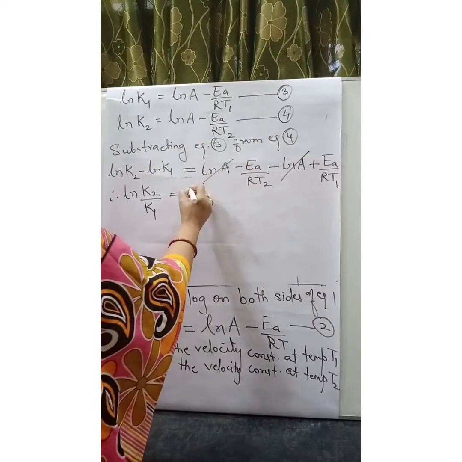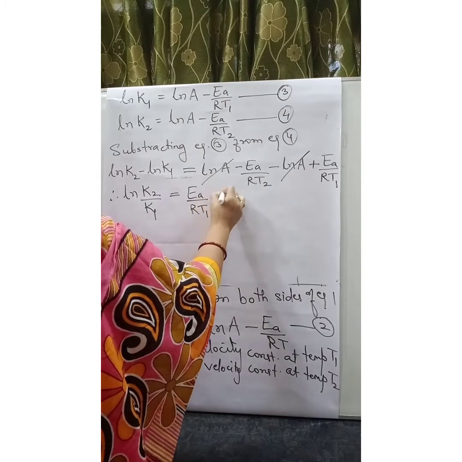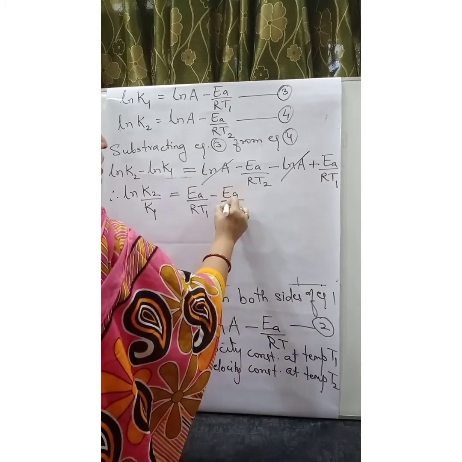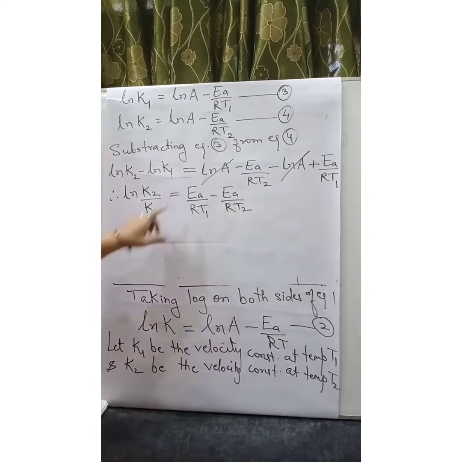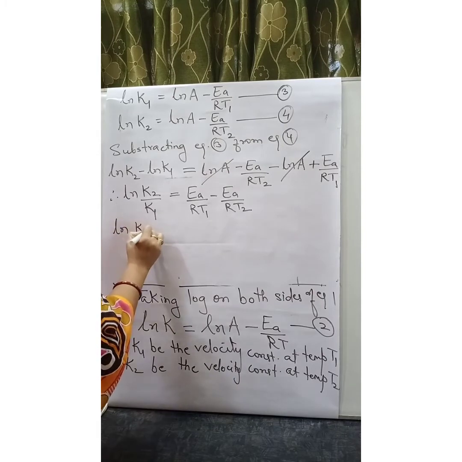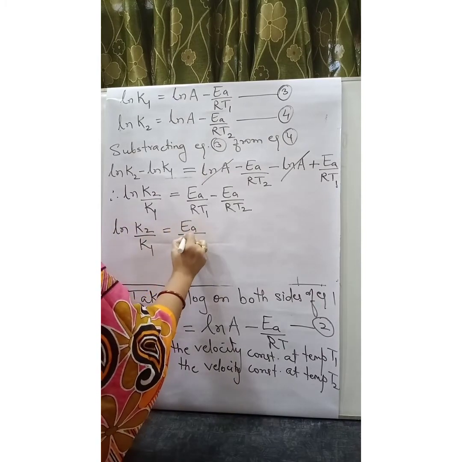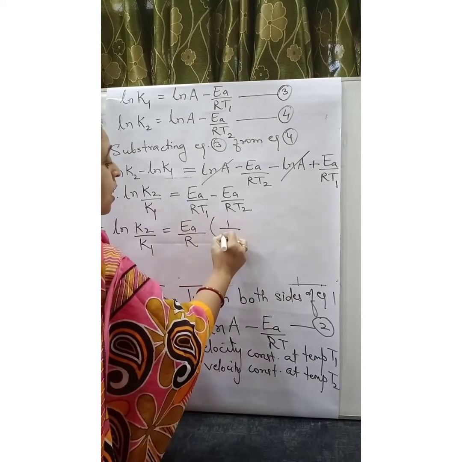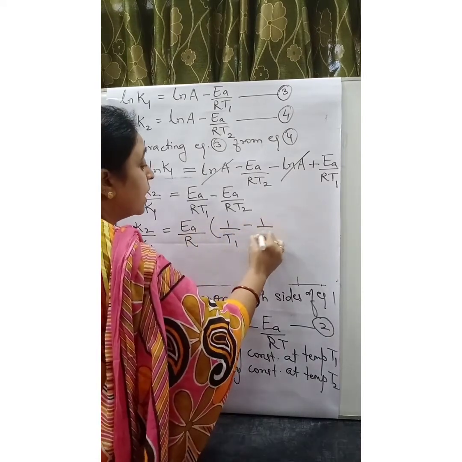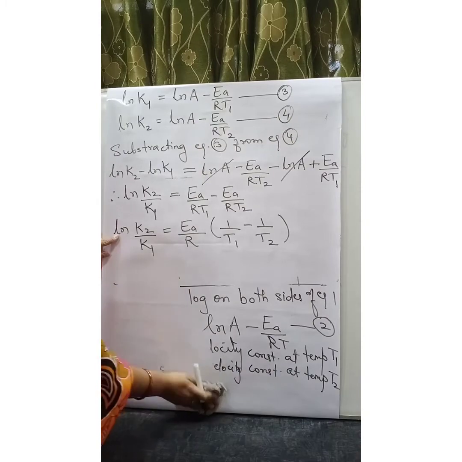I will shuffle this: Ea upon RT1 minus Ea upon RT2. Can you see this common quantity Ea upon R? ln k2 by k1 is equal to, I am going to take this outside, 1 upon T1 minus 1 upon T2.